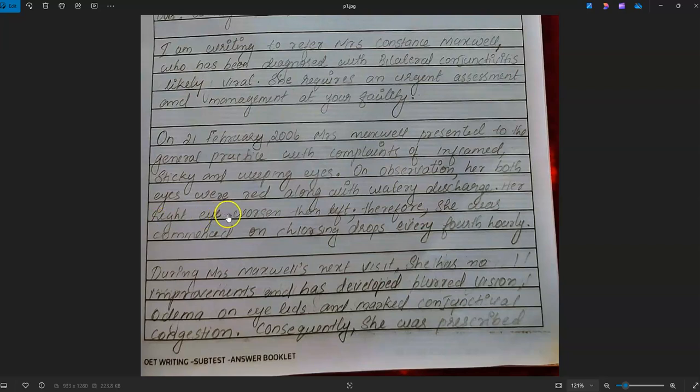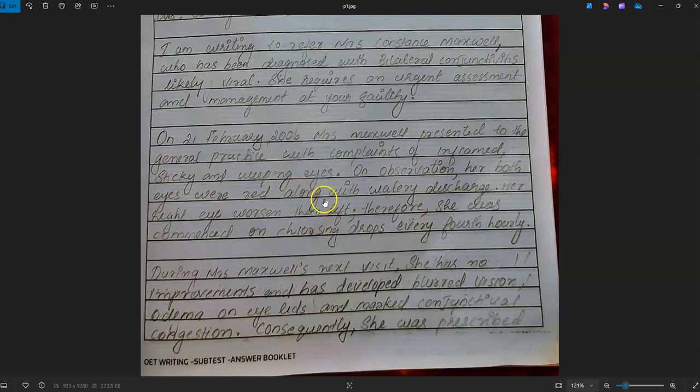Her right eye was worse than the left, not worsen than the left. Therefore, she was commenced on chloramphenicol drops every 4th hour, not every 4th hourly. It's either 4th hourly or every 4th hour.